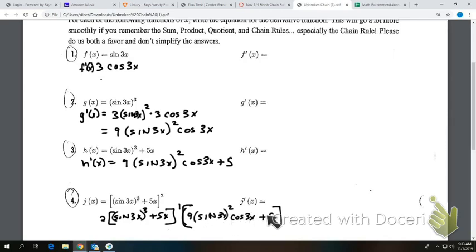So that's why the bracket was necessary, because it was the derivative of everything inside. Okay. You guys all have that written down? Because I'll have to slide my paper down.